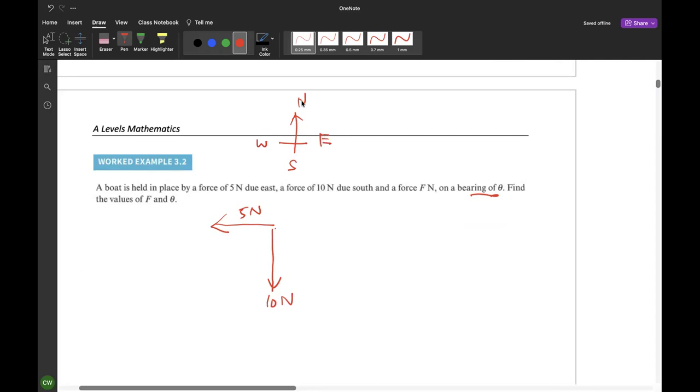West is the other side. So it's balanced by another force. Balanced by here. F is here.